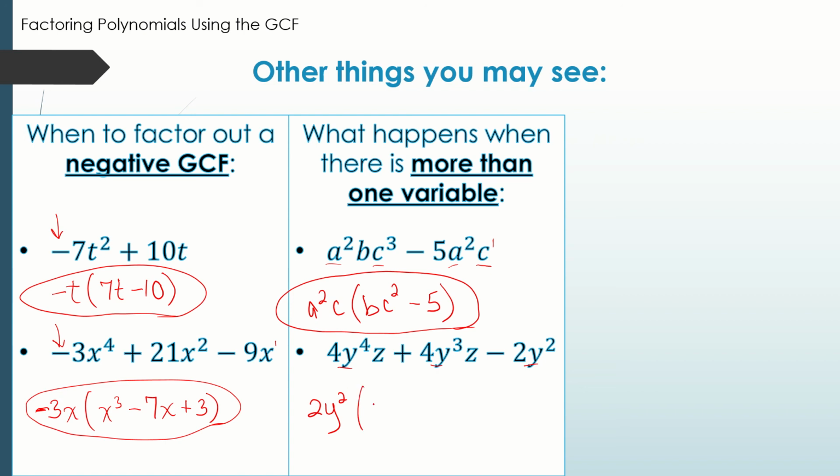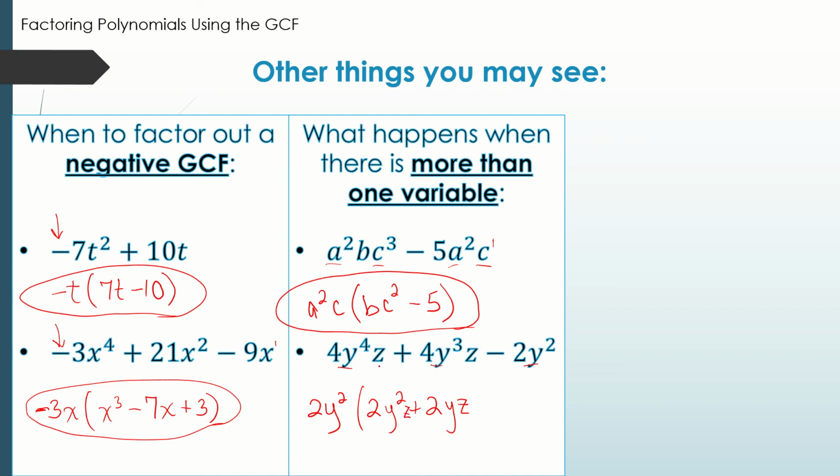So 4 divided by 2 is 2. Y to the fourth divided by y squared: I had 4, I took 2 out, so I am left with 2 in that term. 4 divided by 2 is 2. 3 y's, take out 2, I am left with 1. And I still have this z because I didn't take any out in the GCF. Ooh, and I forgot that in the first term.